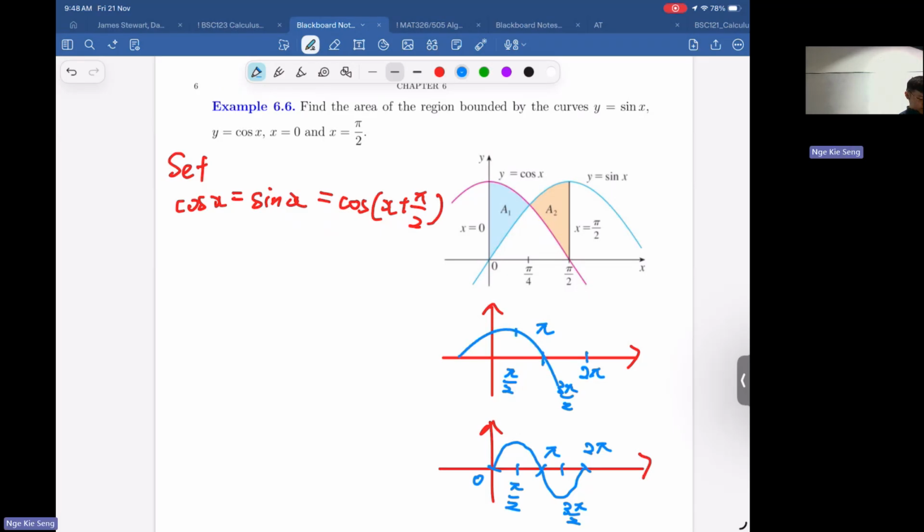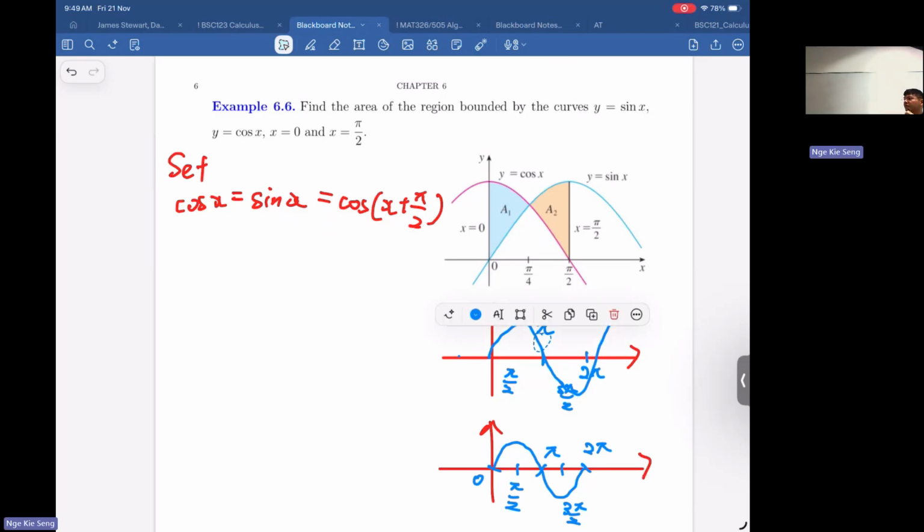It goes up, goes down, further down, up, like that. So if you move this cos graph 90 degrees to the right, then you exactly get a sine. Make sense? Okay, all right.